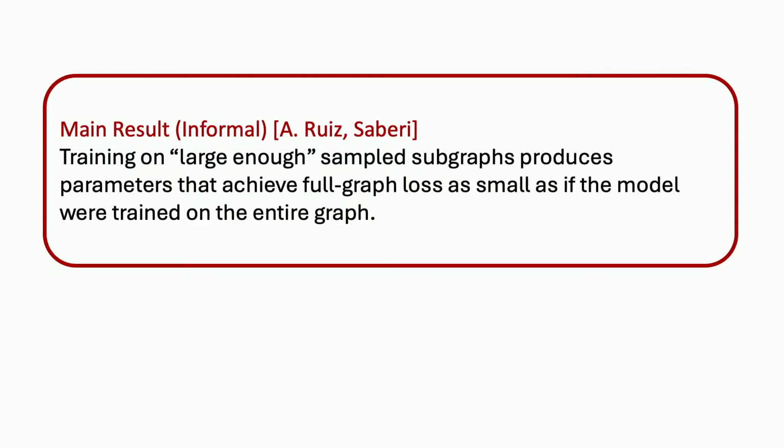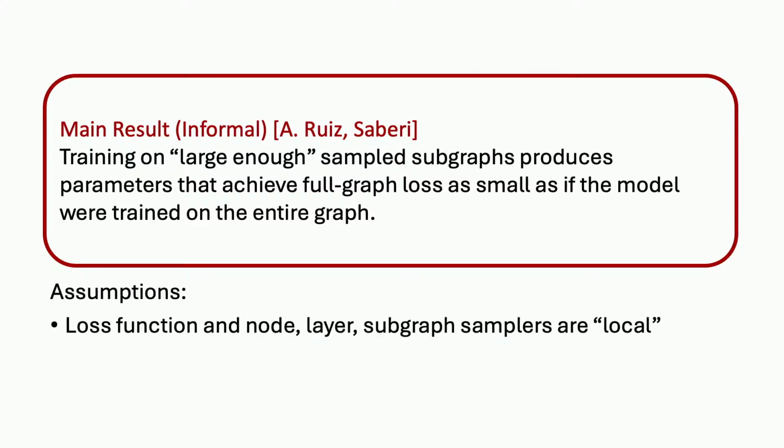This is very high level, but the main assumption, which I'm going to define very clearly next, is that the loss function and the different samplers that my sampling-based GNN is using are local. Right now it's not yet precise, but I'm going to spend some time on what it means for it to be local. Any questions so far? I'll pause for a second.